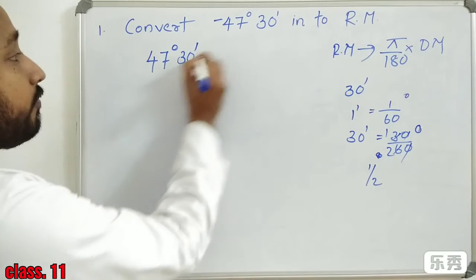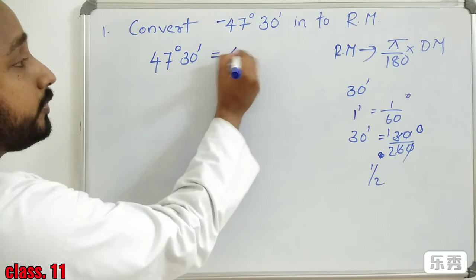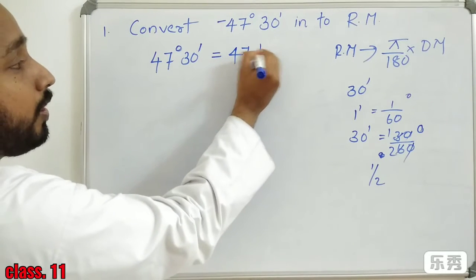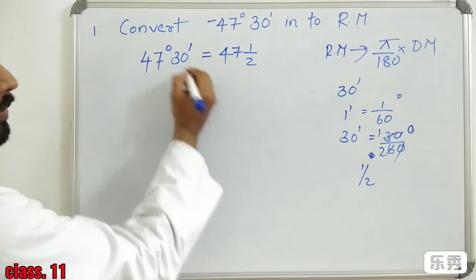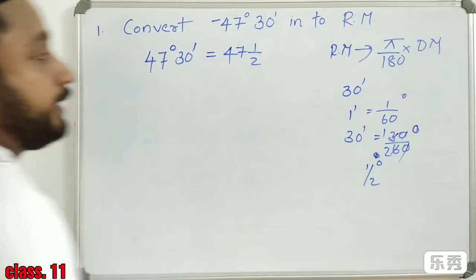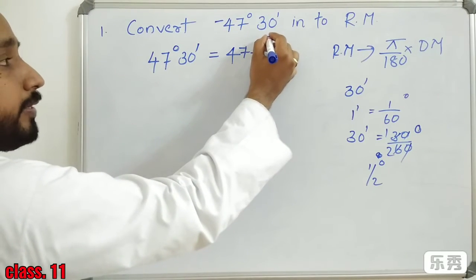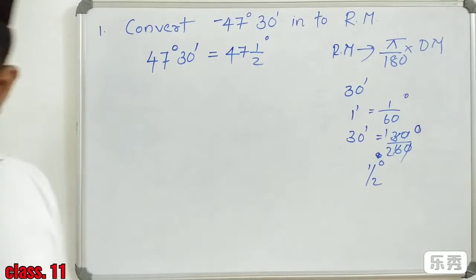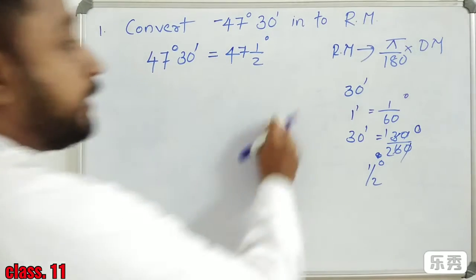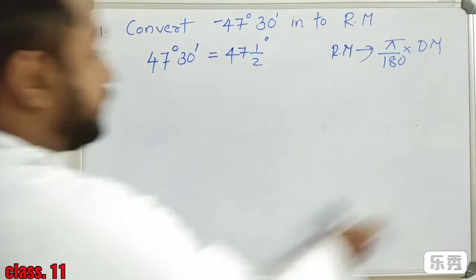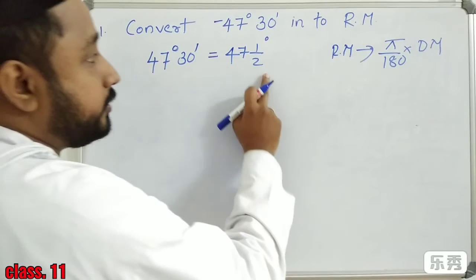That means 47 degree 30 minutes is equal to 47, and instead of 30 minutes we write 1 by 2 degree. That is 47 and 1 by 2 degree. So both are in degree measure; we have changed the 30 minutes into degree.